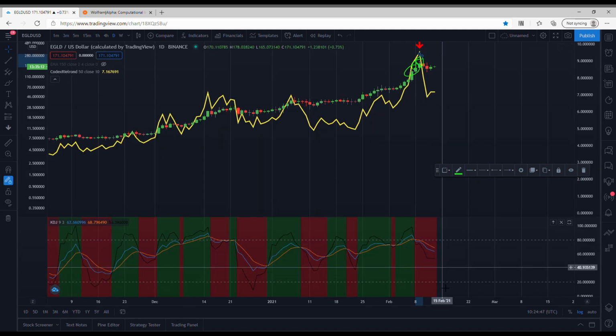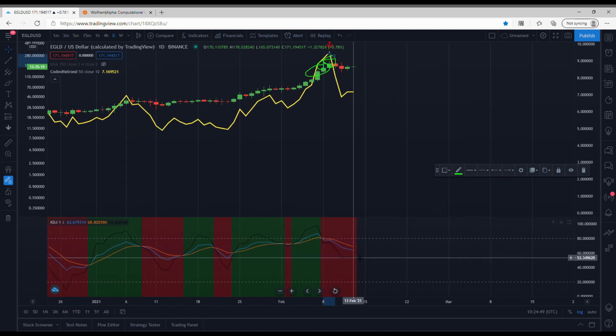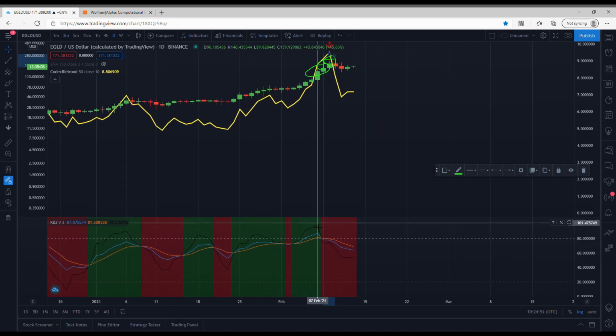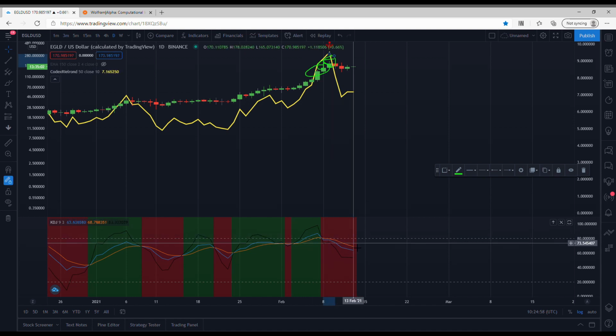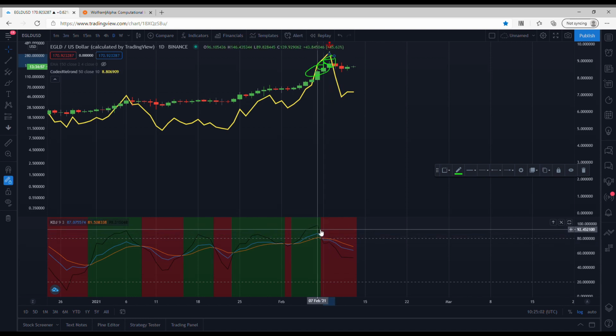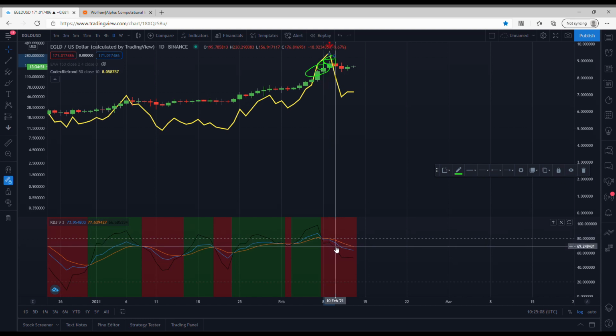Another thing, as you can see here on the daily, we have downward pressure. Whenever you have this bearish cross, where the orange line gets above the blue line, you need a confirmation with this black line going below both of them, and another confirmation of it going below 65. For me, going below 65 is a confirmation.